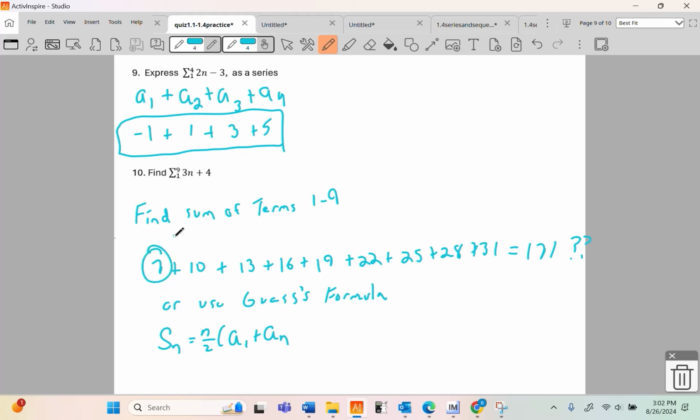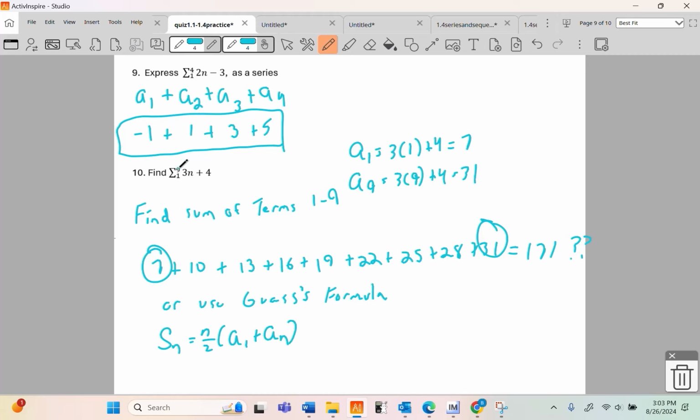So I would have had to find that guy and that guy. a sub 1 is 3 times 1 plus 4, which is 7. And the ninth term is 3 times 9 plus 4, which is 31.